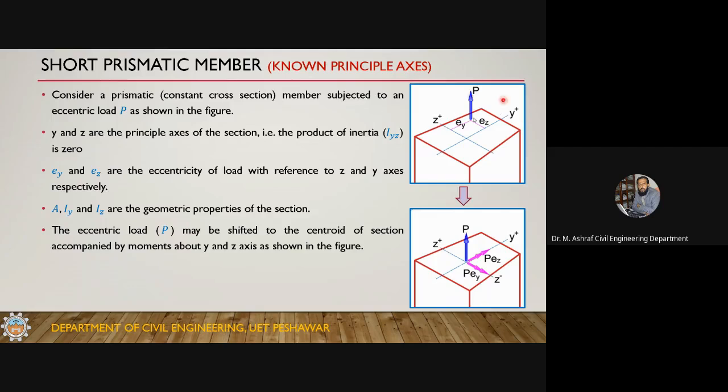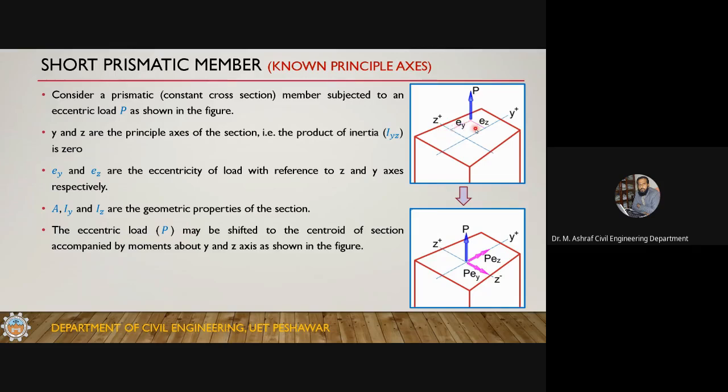Here you can see the cross section which is subjected to an eccentric force, not a concentric force. Concentric is very easy, it is just P over A. If the load is applied at the centroid of the cross section, then the stress will be just P over A. These are known as eccentricities.